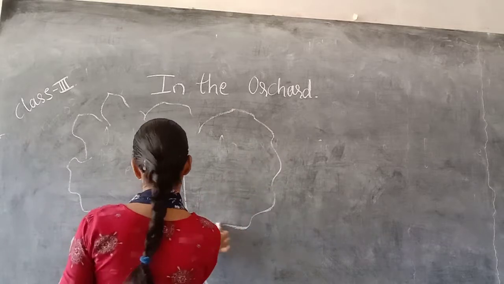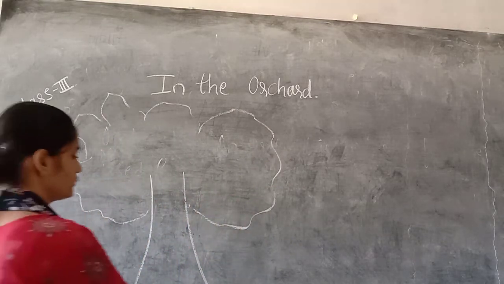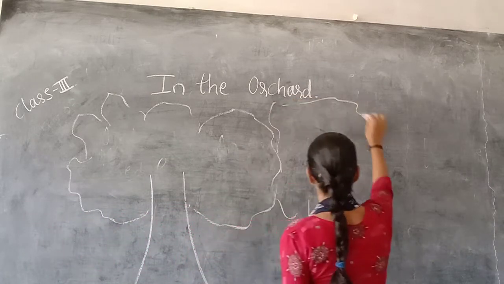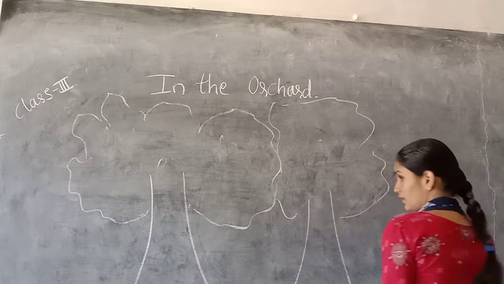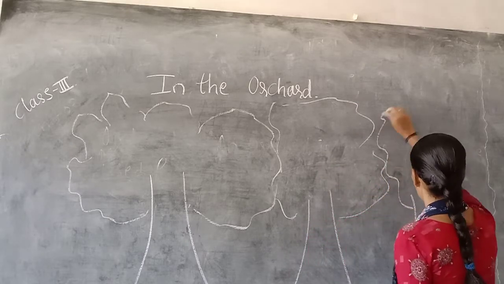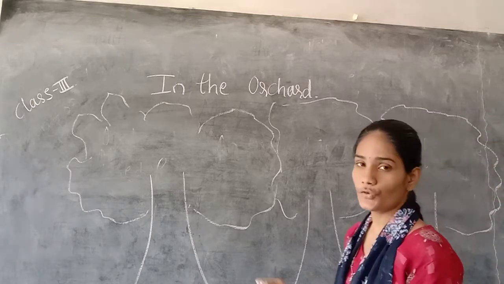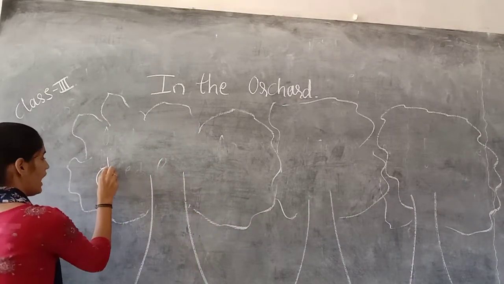Think that this one is a tree, and so many trees are there in the orchard. An orchard means it has so many fruit trees. So in these trees, we can see apples.